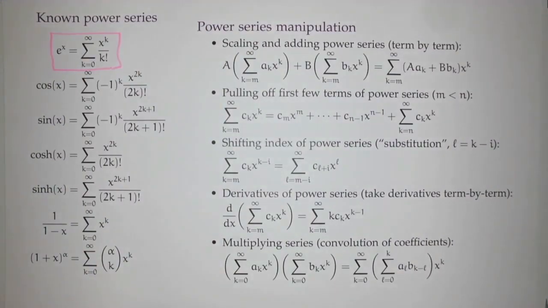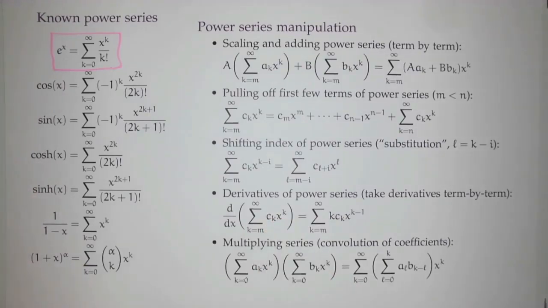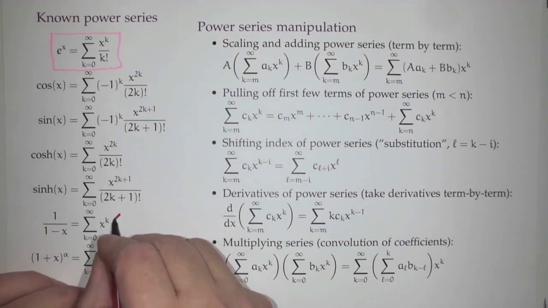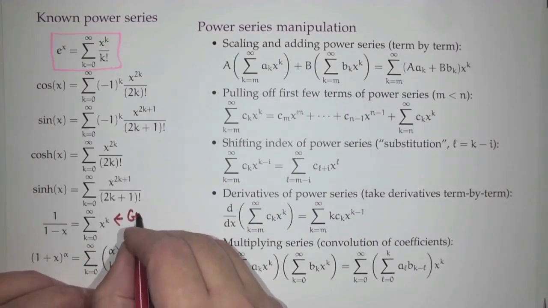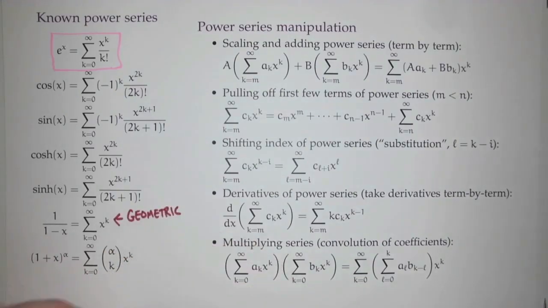In fact, once you have e to the x, the following four actually follow pretty quick once you have the right interpretations in place. 1 over 1 minus x. This is another famous series. This is called the geometric series. And oftentimes when you hear the word geometric, especially in a math context, geometric means multiplication.